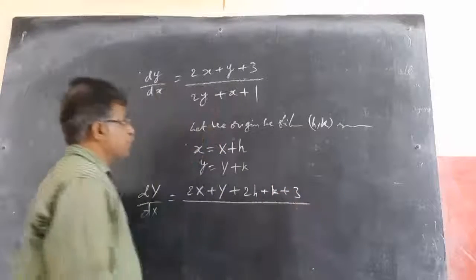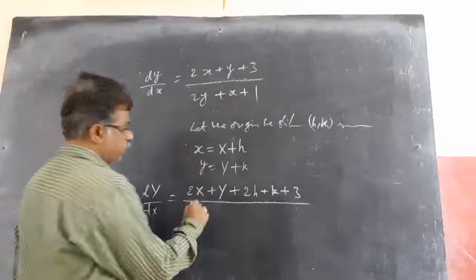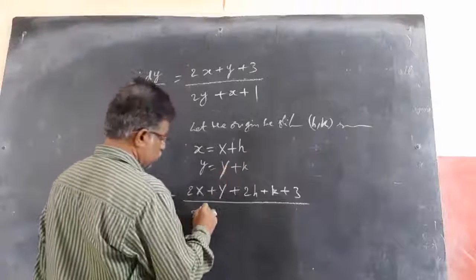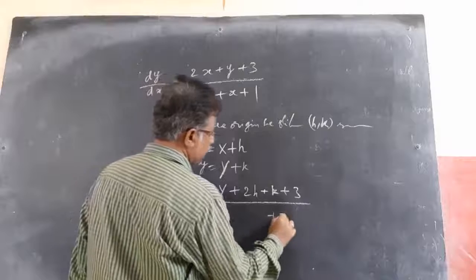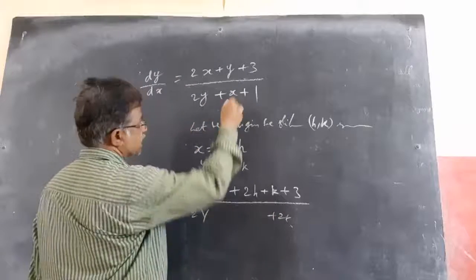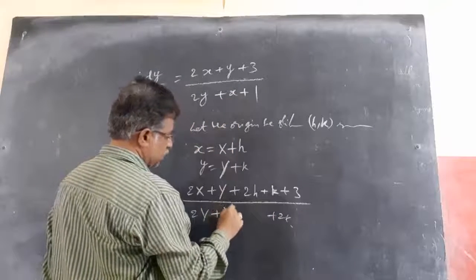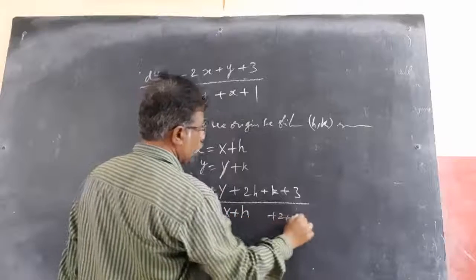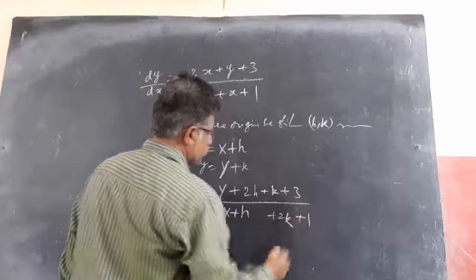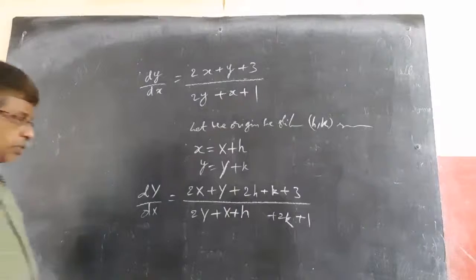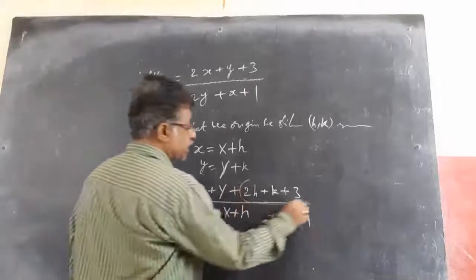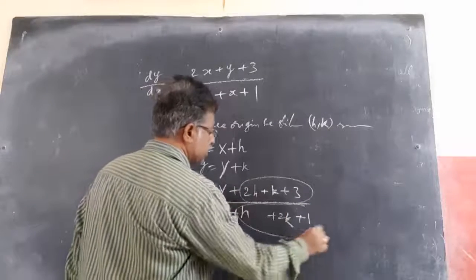2y plus 2k makes x plus h, in the denominator. So it is converted into homogeneous, means this part is 0 as well as this part is 0.